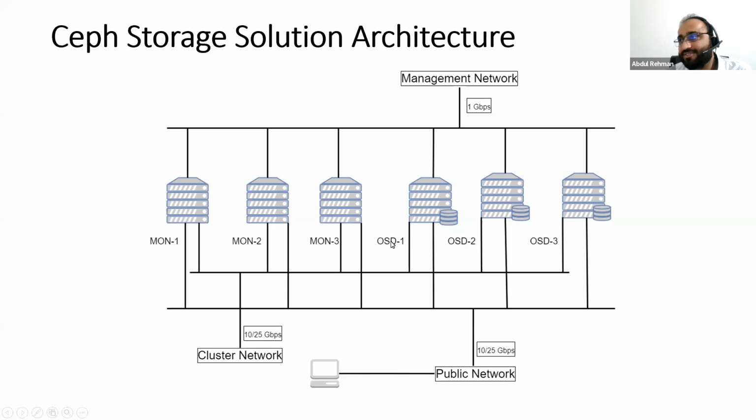If there is only one network, then OSD1 will be replicating data to OSD2 using the public network, and imagine if the data amount is high, then it will impact the overall performance of the storage cluster. That is why it's better to have a separate cluster network and public network, and then a management network to deploy or configure the Ceph storage cluster.